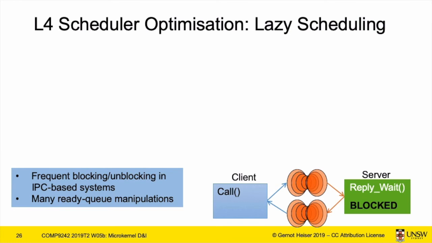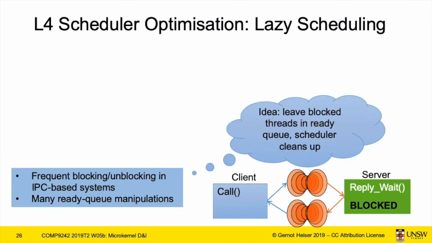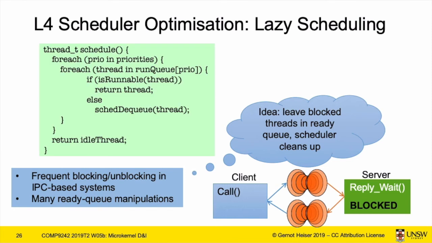That's pretty wasteful. So the idea is, okay, let's do this lazily. Instead of taking blocked threads out of the ready queues, just leave them there, and next time the scheduler goes through it, it cleans up. So this is roughly how the scheduler looks.